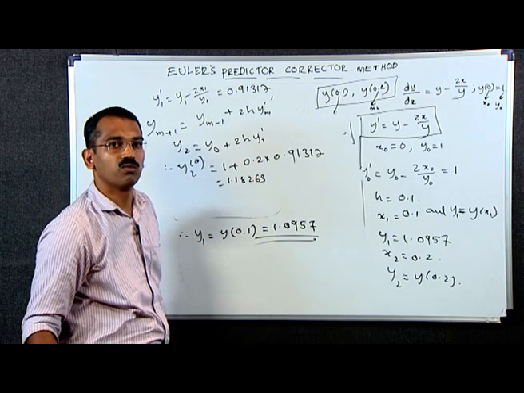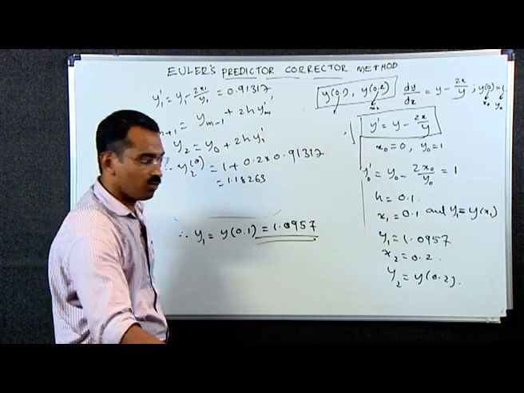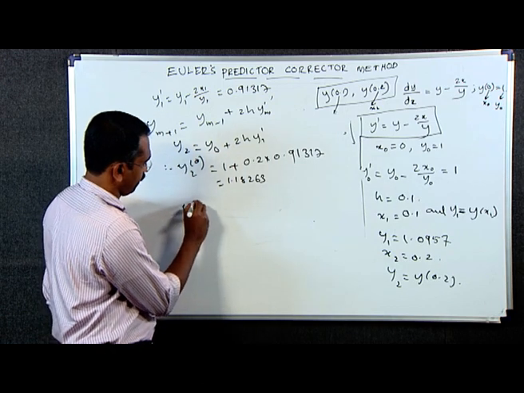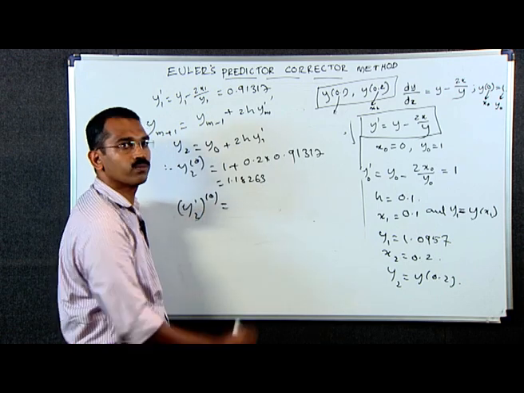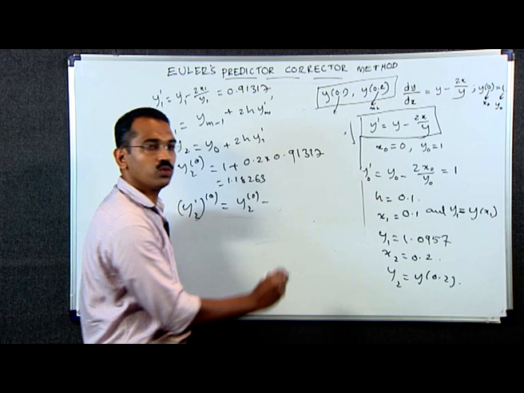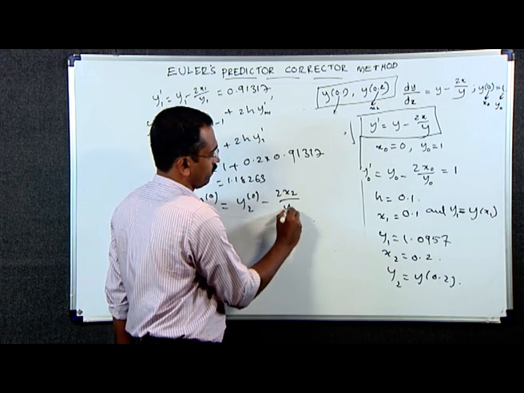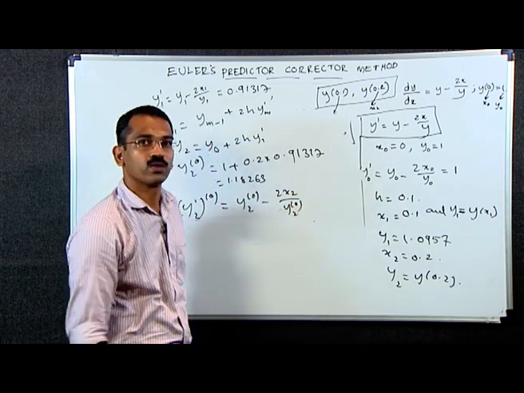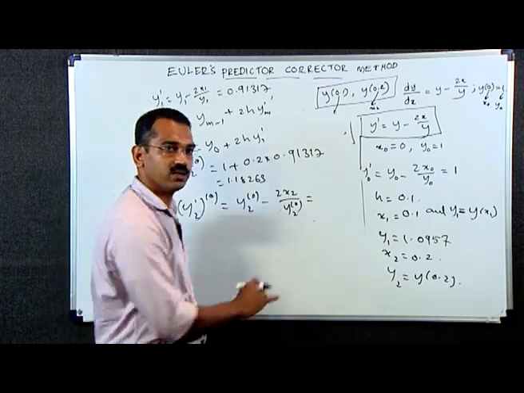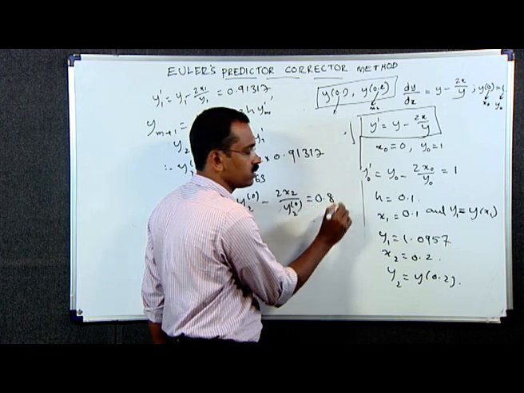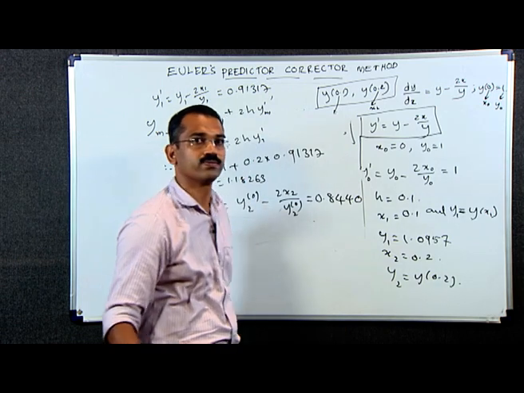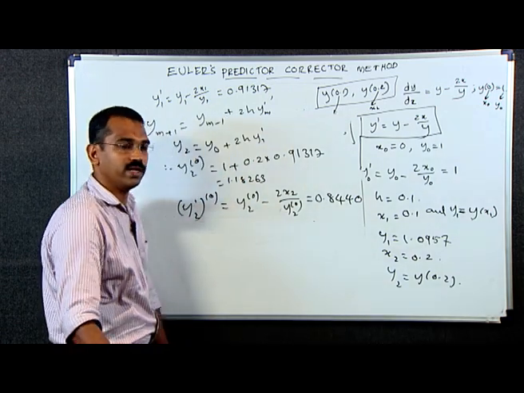This is y2 0. y2 dash 0 is equal to y2 0 minus 2x2 divided by y2 0, which is equal to, by substituting these values and simplifying, 0.84440.